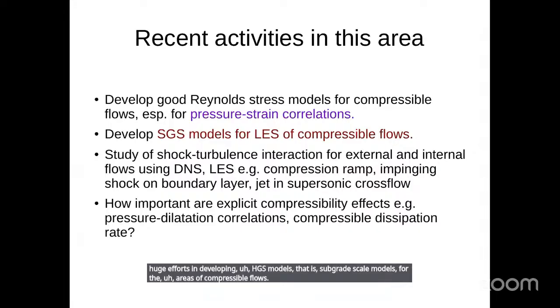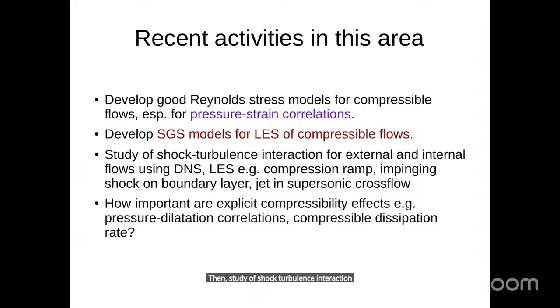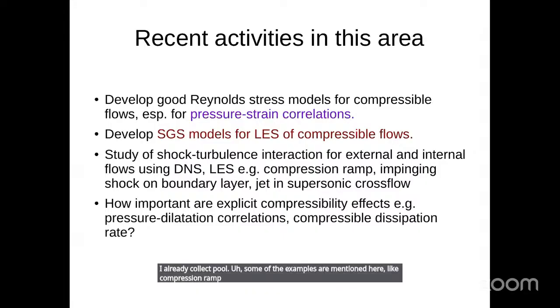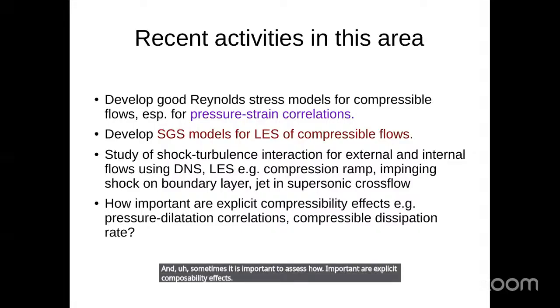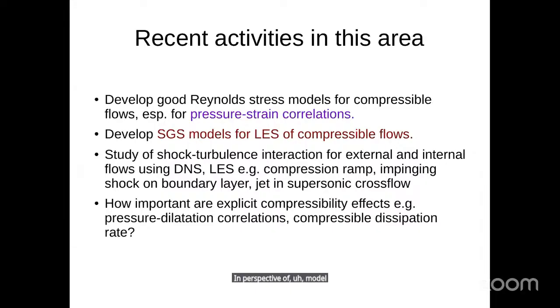Then study of shock turbulence interaction for external and internal flows using DNS and LES is the focus of many groups, including my group at IIT Kharagpur. Some of the examples are mentioned here, like compression ramp, impinging shock on boundary layer, jet in supersonic cross flow, etc. And sometimes it is important to assess how important explicit compressibility effects are in the perspective of modeling of compressible flows.